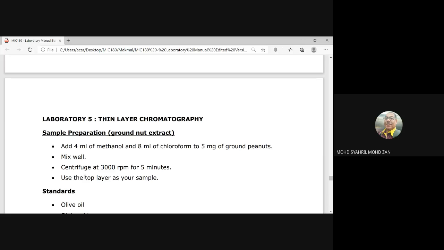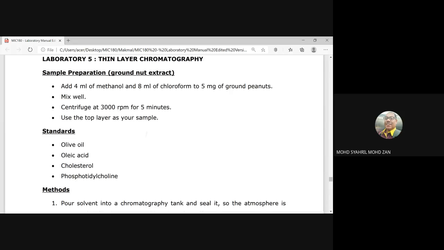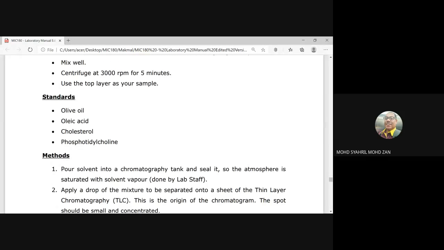Okay, and then you have to follow the experiments. Okay, before that we have what we call standards. So what is a standard? Standards are samples from the lipids, or the fats. This standard can give the standard measurements, ataupun apa nilai yang tetap untuk sesuatu eksperimen, okay, ataupun control, right?